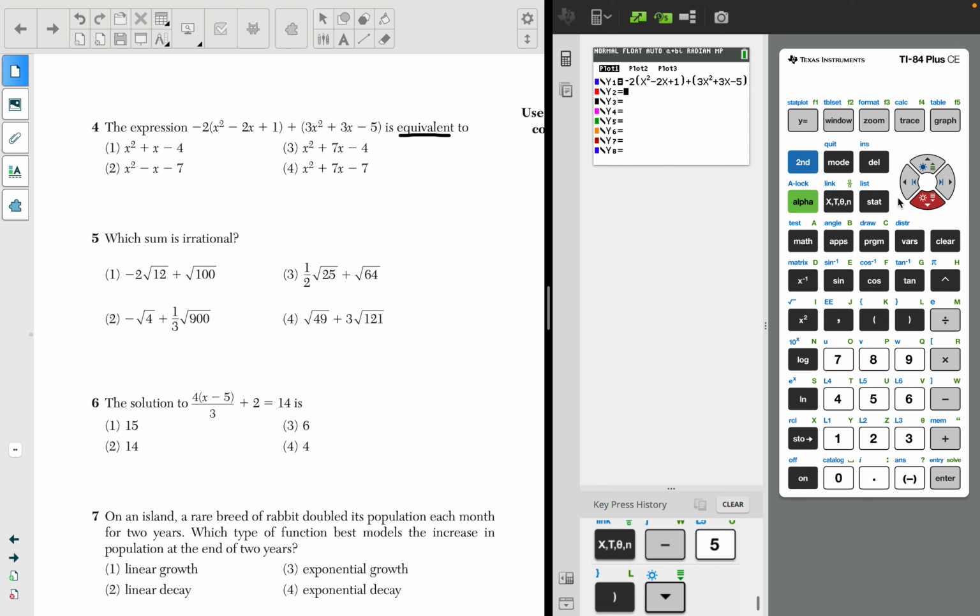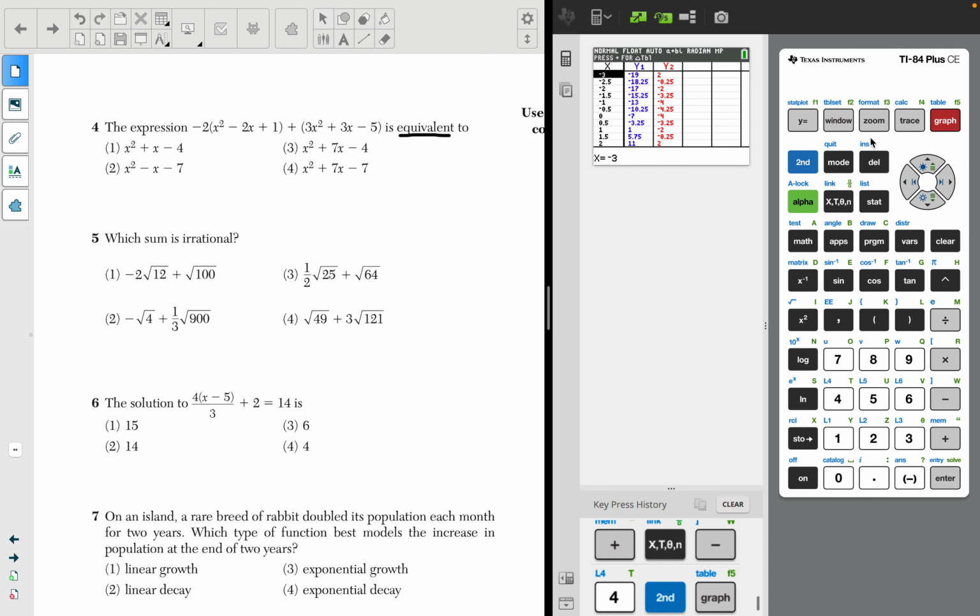Next, we're gonna input each of the answer choices in Y2, okay? And then we're gonna do second graph, okay? As you can see, Y1 and Y2 are not equal, and that is not our answer choice. So we can cross it off, okay?